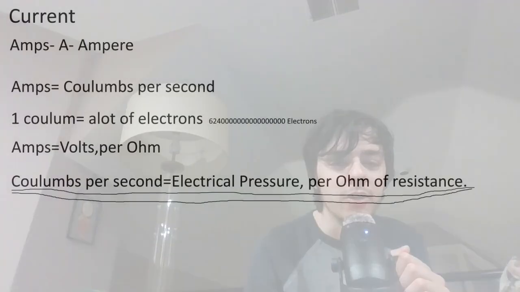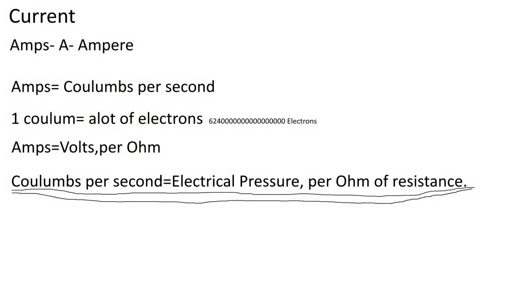Okay, guys, just editing me, coming back here to mention that current is measured in amps, or amperes, or A. Also, what that really means is electrons per second. So amperes is just coulombs per second, right? Coulombs per second is amps.